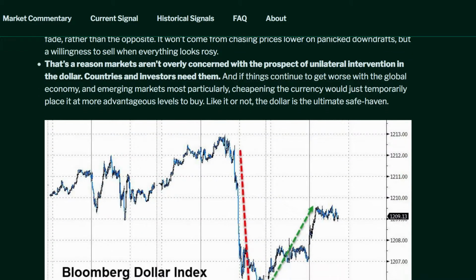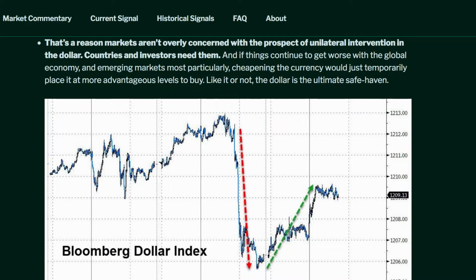That's a reason markets aren't overly concerned with the prospect of unilateral intervention in the dollar. Countries and investors need them. And if things continue to get worse with the global economy, and emerging markets most particularly, cheapening the currency would just temporarily place it at more advantageous levels to buy.